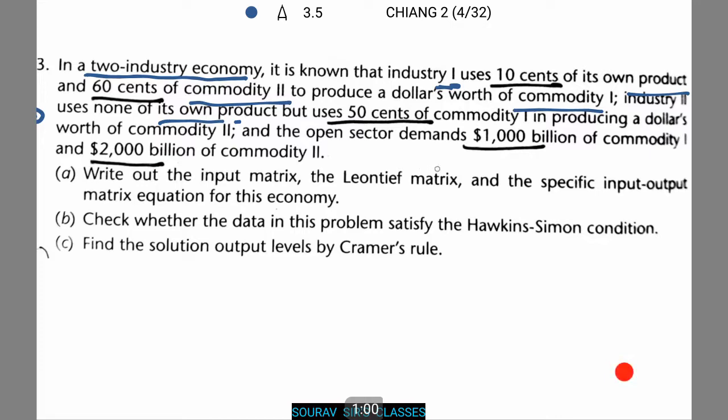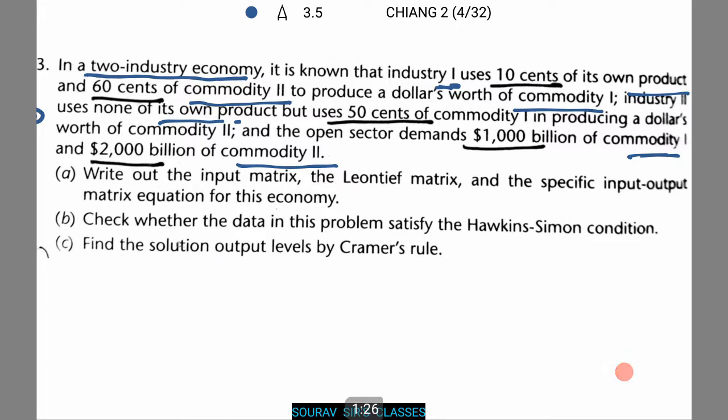And in the open sector there is a given demand of 1000 billion dollars worth of commodity 1 and 2000 billion dollars worth of commodity 2. Now we are usually given the question in the following manner. First we need to write the input matrix, the Leontief matrix and the specific input-output matrix equation for the economy.